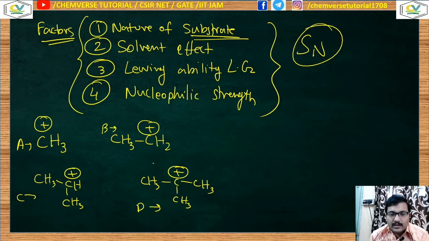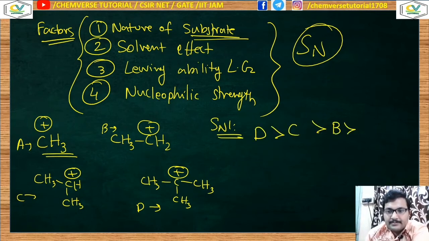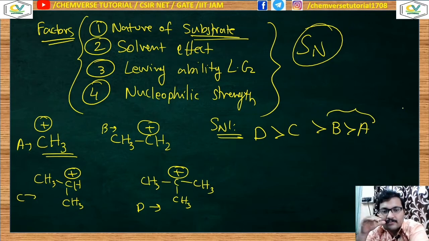So the carbocation for compound D is the most stable and it has very little stability for A. Although B is primary and has one methyl group, it's not good enough to stabilize this carbocation. So SN1 reactivity is highest for D, then C, then B and A, and practically B and A do not give the SN1 mechanism. So this is the comparative rate order for SN1.